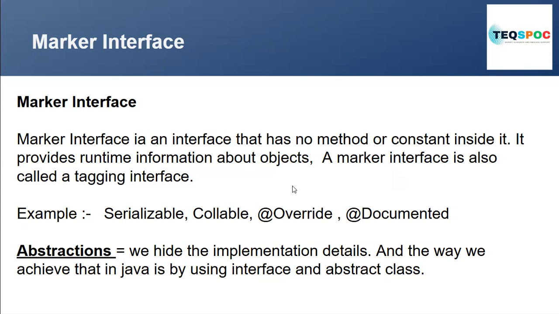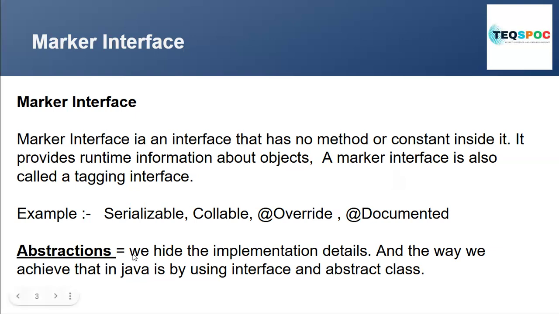These are all marker annotations because they have no static constant or method inside. We just use them as an annotation. Overriding, documented, deprecated are examples of marker annotation, which don't have a method or constant inside. This is marker annotation.